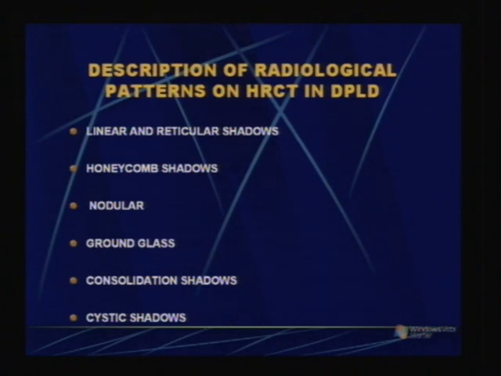It can be nodular shadows, as Dr. Sain mentioned to you about certain conditions in which you find nodules. Ground glass picture, particularly when there is an airspace involvement. Consolidation, when there is a dense involvement of the airspace and the interstitium. And the cystic shadows, where there is destruction of the lung and dilatation of small airways and the alveolar spaces.